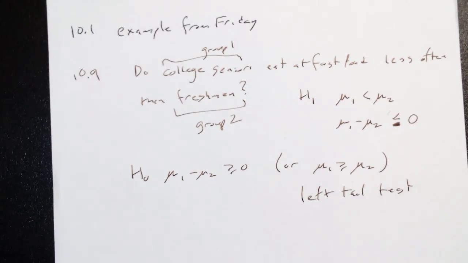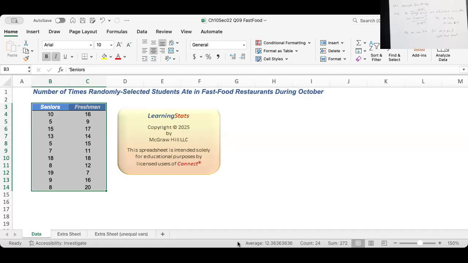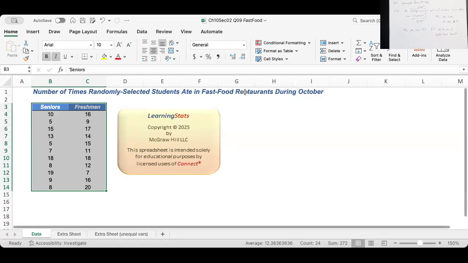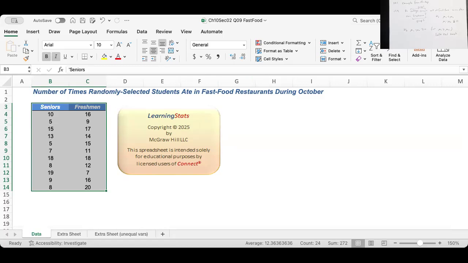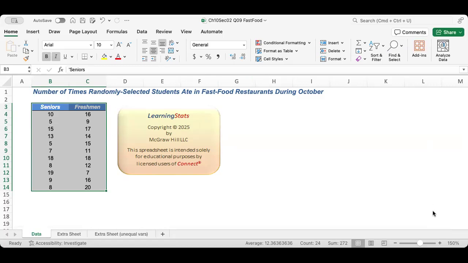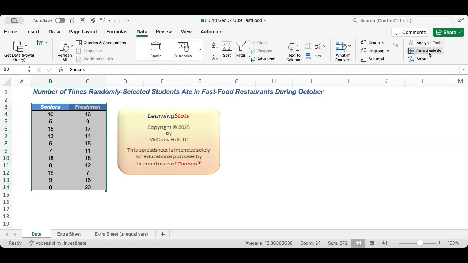Now, I have all the individual pieces of data here. I'm going to do this entire process in Excel. So what I'm going to do is go to the Data tab, and I'm going to go to Data Analysis.